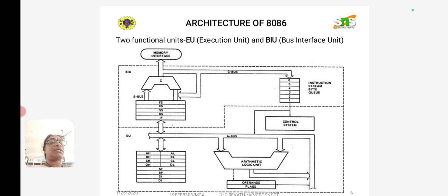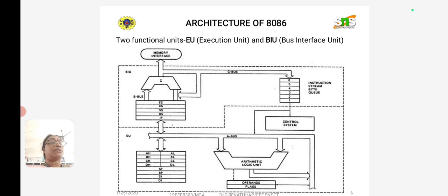The B register data is added with the accumulator data, the result is stored in the accumulator, and the condition of the result will be shown in the flags. For example, it includes carry: whether a carry is created or not, and auxiliary carry, and zero. If the result is zero, then the zero flag will be set, and if the data is minus 2, it shows in the flag, right?